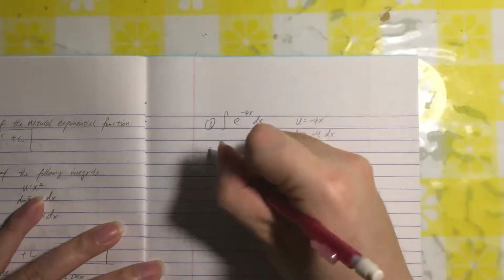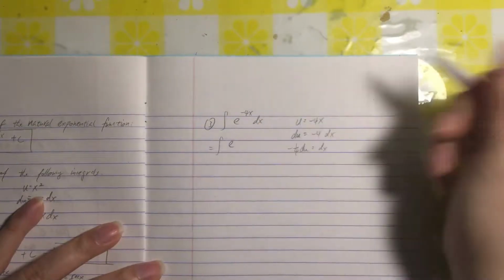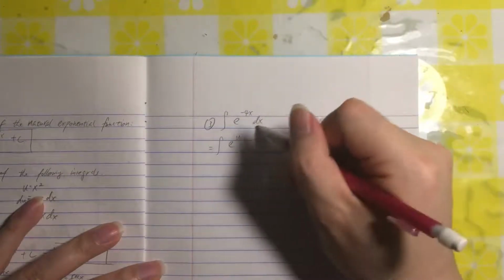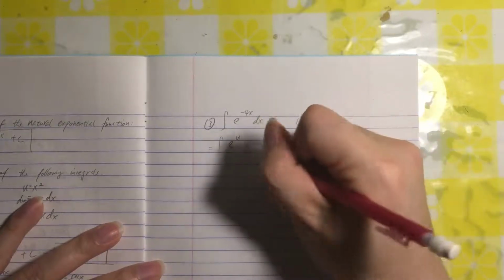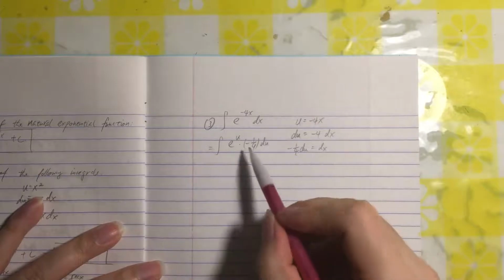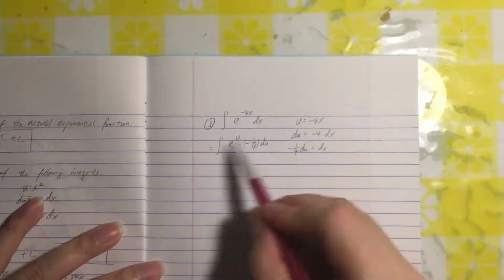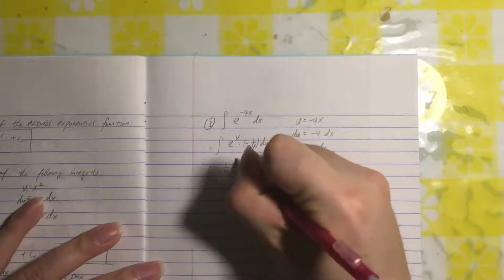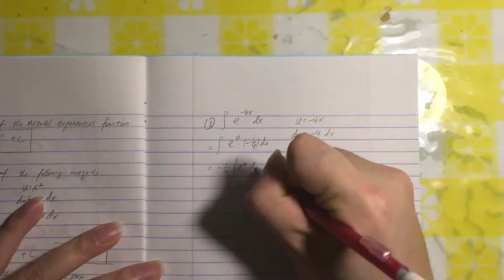Then substitute. We get e to the power of u times dx. Dx is negative 1 over 4 du. And we know that negative 1 over 4 is a constant. I can pull it outside. If I pull out negative 1 over 4, I get integral of e to the power of u du.